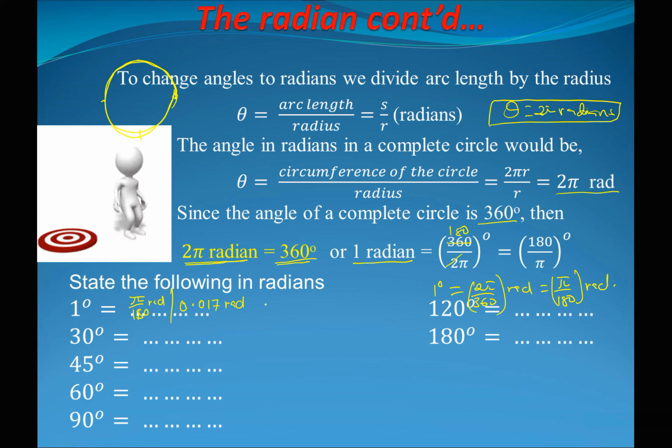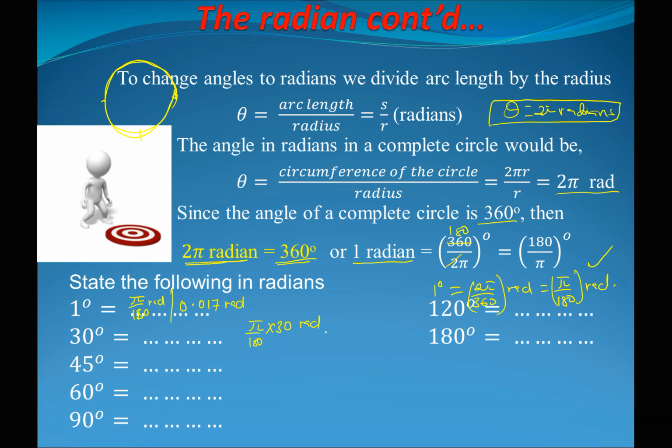Then 30 degrees will simply be pi divided by 180 times 30. Remember, 1 degree is 2 pi over 360 radians. You just need to know how we arrive at pi over 180. So I'll multiply this by 30 to get the answer in radians.